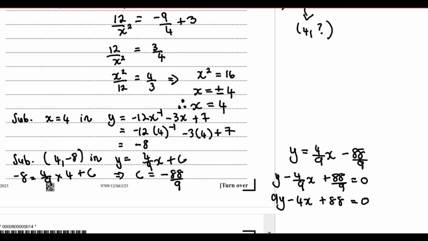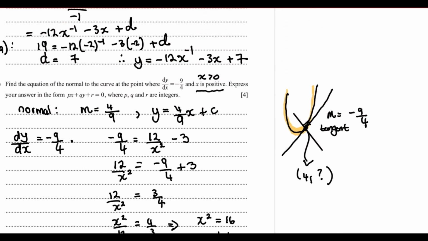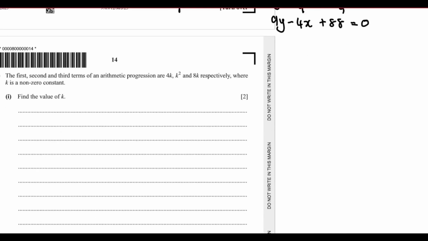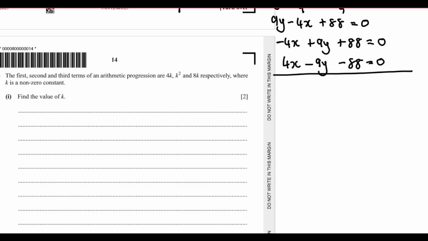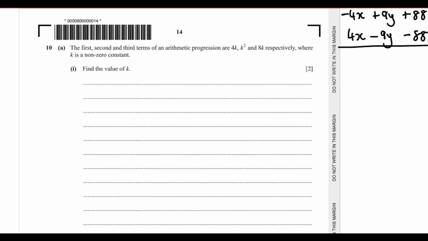Okay, but they want x to be first, so we can say minus 4x, it's 9y plus 88 is 0, or it can even become 4x minus 9y minus 88 is 0 if you divide by a negative 1. Okay, we're almost at the end.